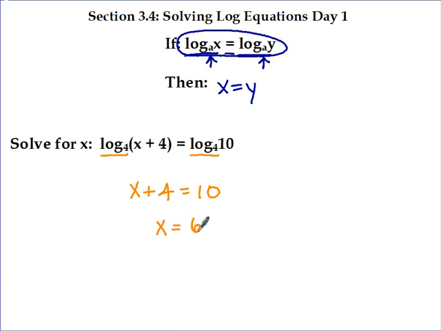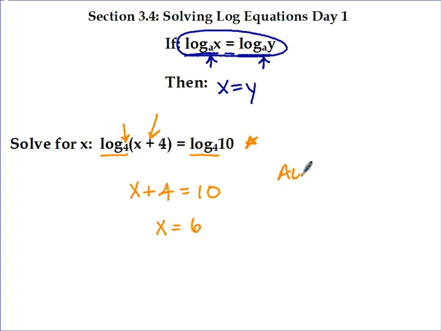Now for every single problem on this test, anytime you have a logarithm in your original statement, you have to check your answer. Remember, when you have logarithms, both the base and the argument have to be positive. So I have to check.